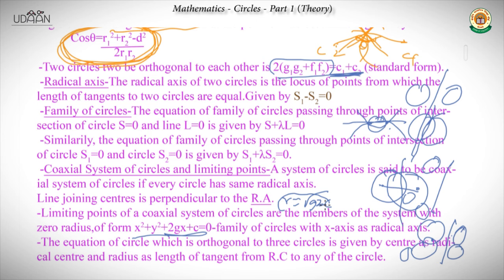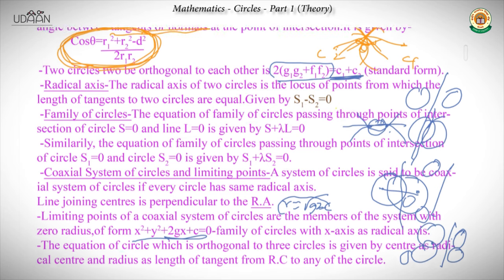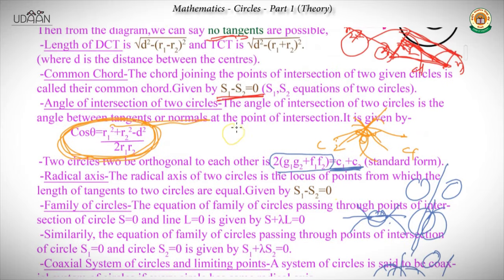You might be thinking we skipped the point: what actually is the radical center? When there are three circles, for example like this, there will be three radical axes, each corresponding to two circles. This is one radical axis, this is another, and this is another.